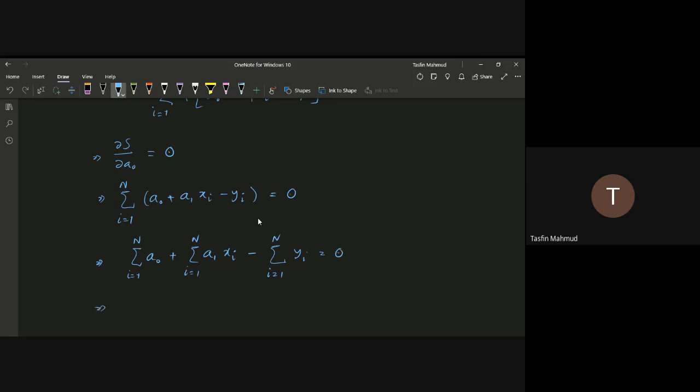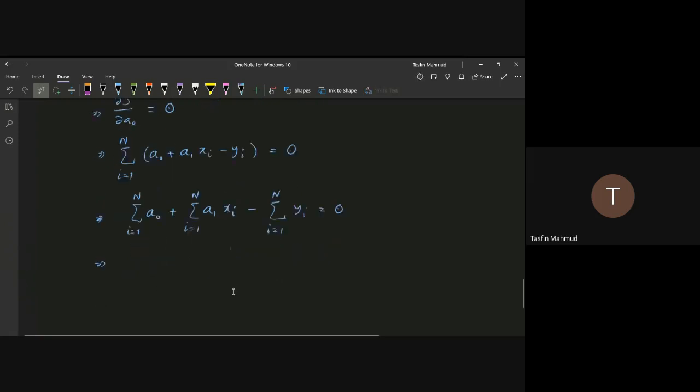And as a naught is a constant, it has nothing to do with this i. So a naught is the constant, and we can consider it as n a naught, right? If we add a constant n times, then we actually get n times that constant. Let's assume we are summing a constant 2 for i equals 1 to 5.